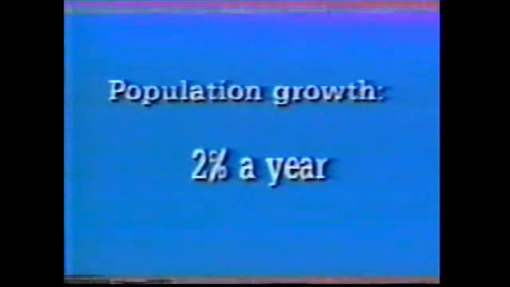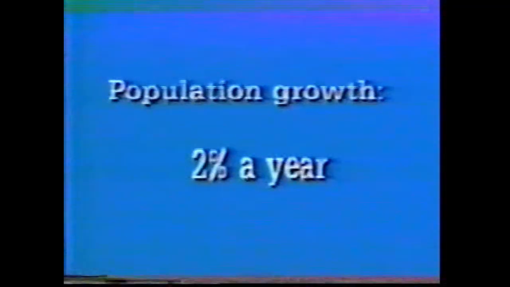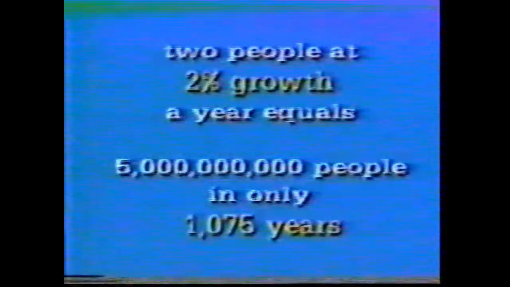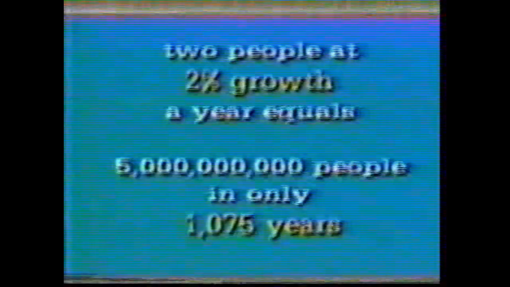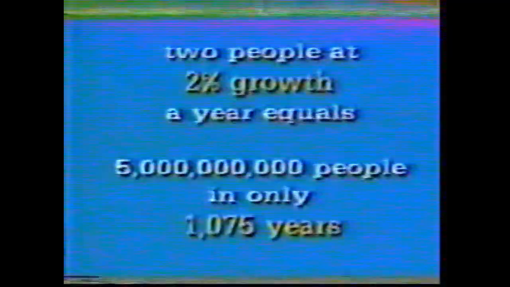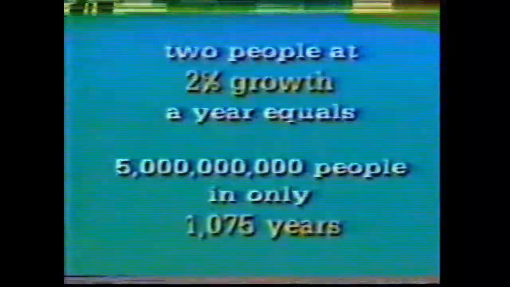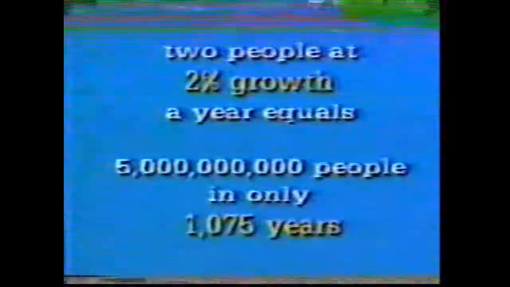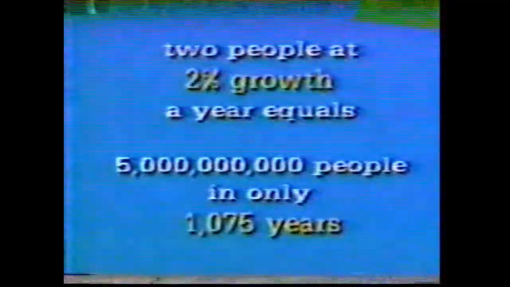Population experts are saying that the population is growing today by about 2% a year. Starting with 2 people and increasing that initial pair by 2% a year would only take 1,075 years to reach 5 billion people. In other words, it does not take a long time to go from 2 people to 5 billion. It only takes a little over 1,000 years.